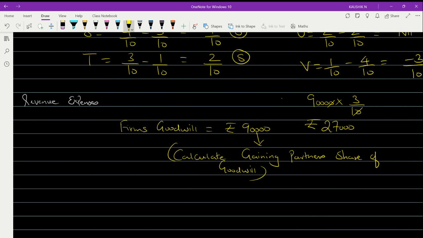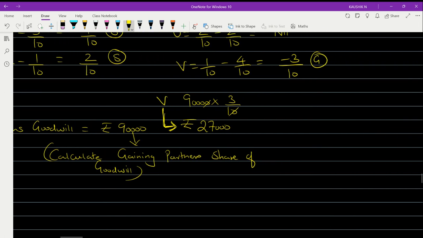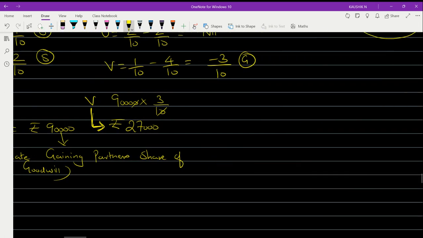So that means partner V has to make this amount of 27,000 payable to the sacrificing partners. Now how is he going to distribute this 27,000?